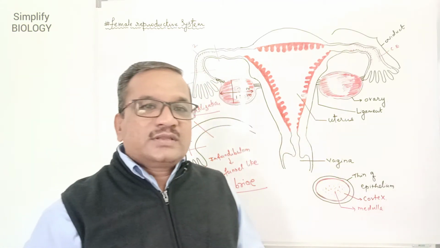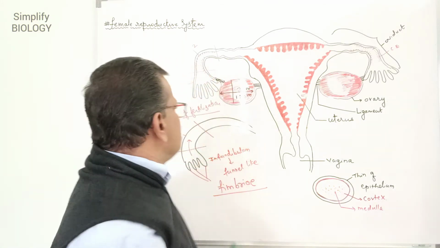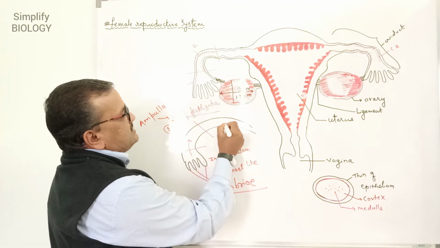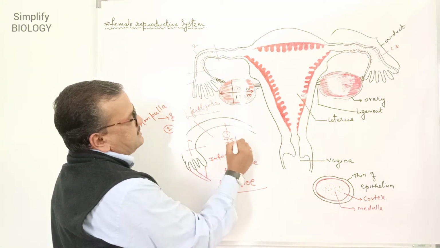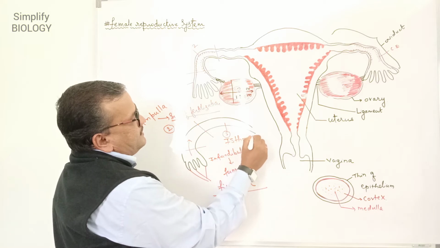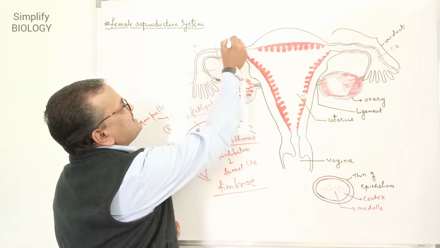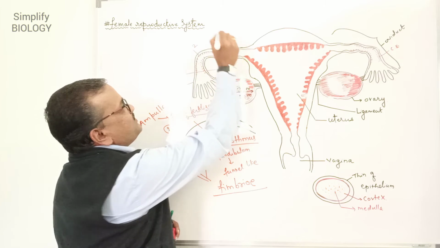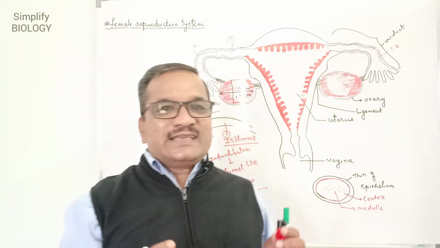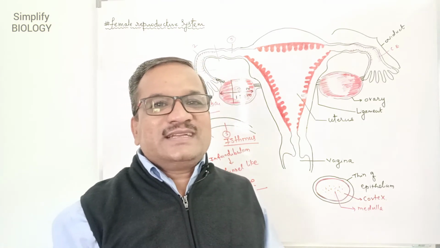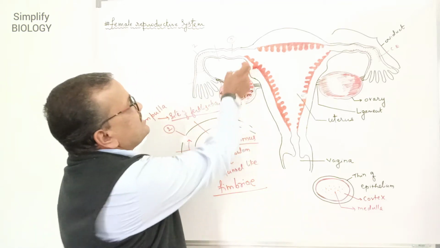Okay, now the third part of the oviduct is what? It is called the isthmus. So this is the third part, and it is called the isthmus. What is the isthmus? The isthmus is the distal part of the oviduct.